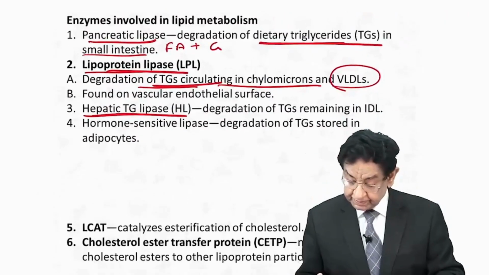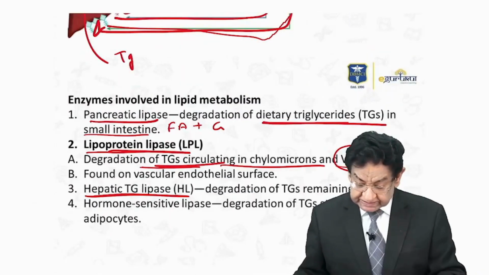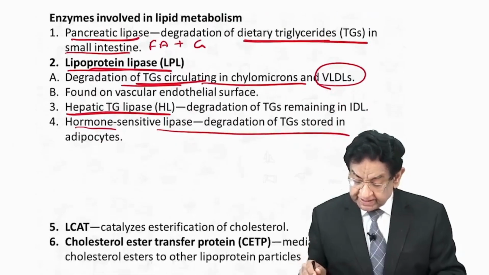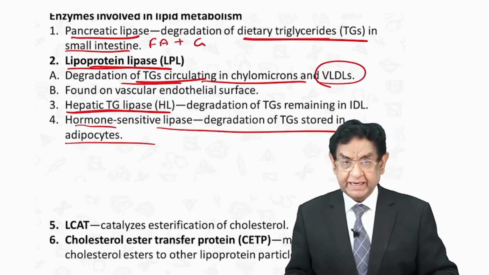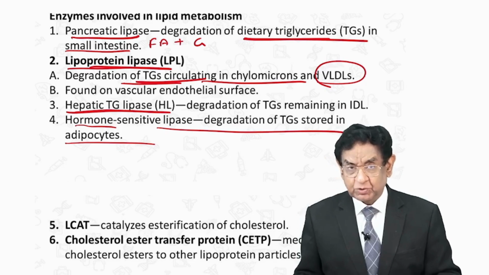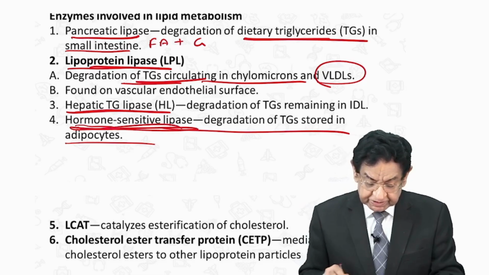We have one more, hormone sensitive lipase, which degrades triglycerides stored in the adipose site. One point I've been telling you is that even the adipose tissue is a source where triglycerides are stored, and from there it is broken down by hormone sensitive lipase.